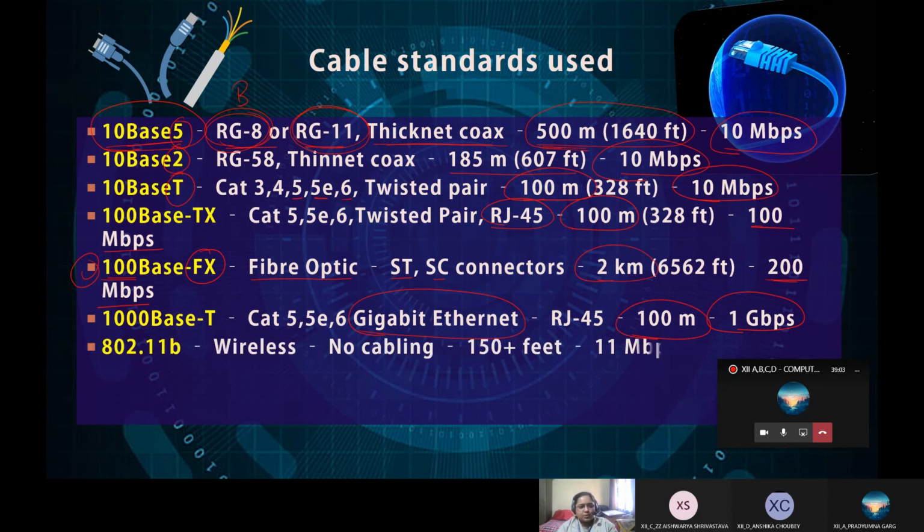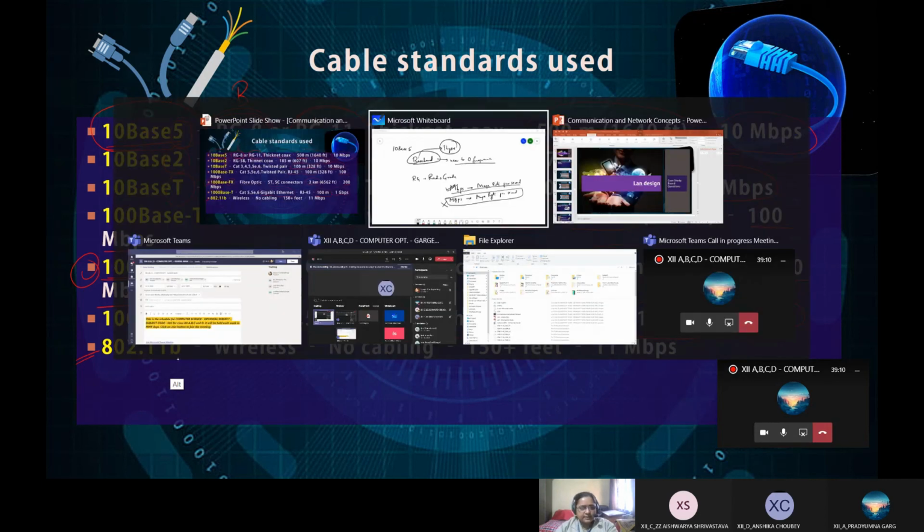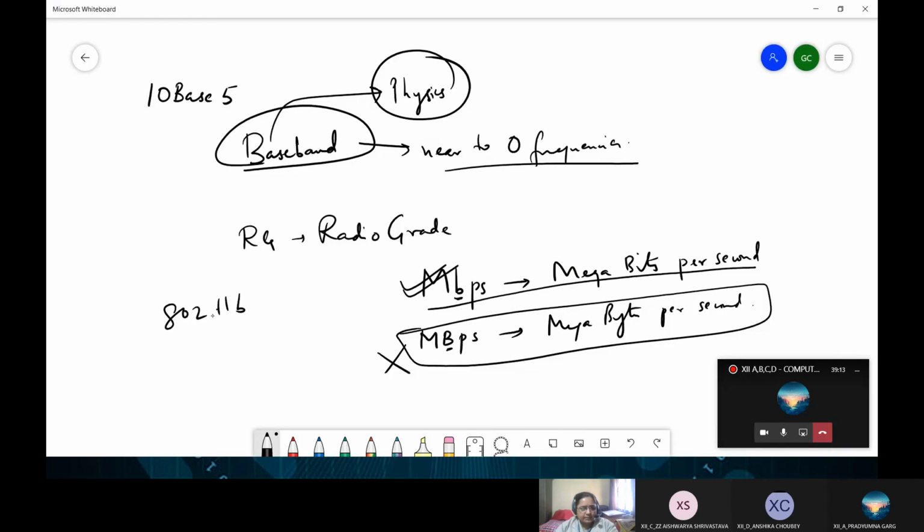Then 802, now from here we start with wireless, that is unguided media. 802.11b, this is a standard which is created. Usually when you find 802 point something, it means it is a standard created by IEEE, the Institute of Electrical and Electronics Engineers.